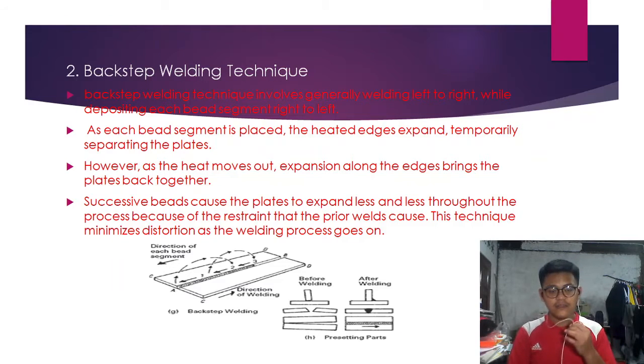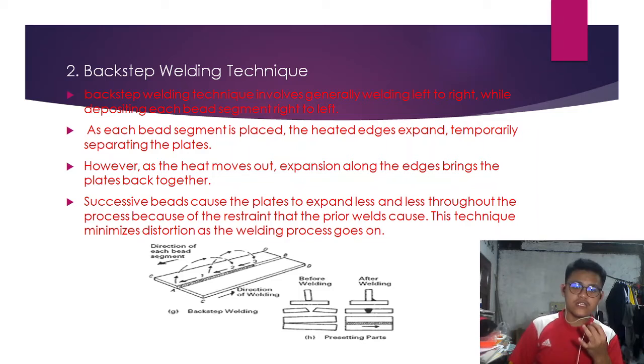And the second one is the backstep welding technique. Backstep welding generally involves welding left to right while depositing each bead segment right to left. As each bead segment is placed, the heated edges expand, temporarily separating the plates.